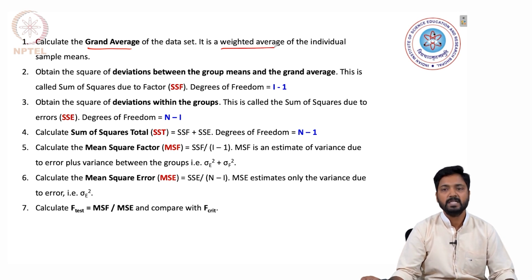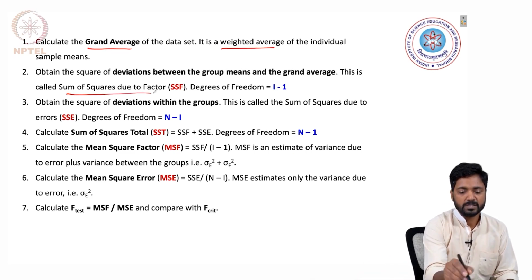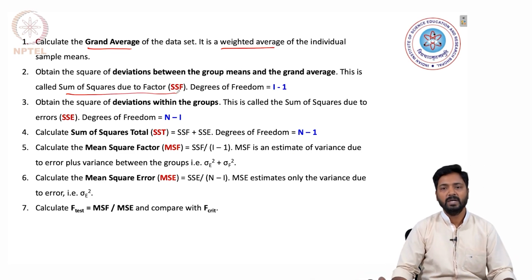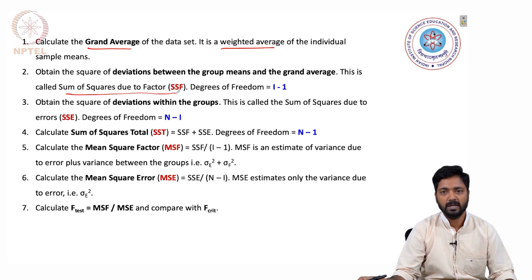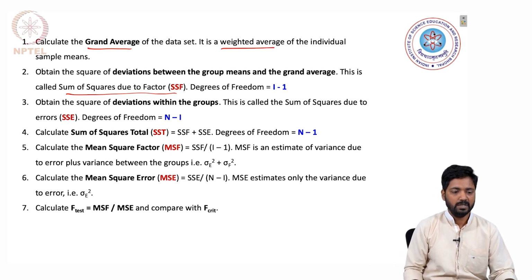In the second step, we obtain the square of deviations between the group means and the grand average. This will be called the sum of squares due to factors. Now let us go to the board and understand how these two things can be calculated, that is, how the grand average and the sum of squares due to factors can be calculated.